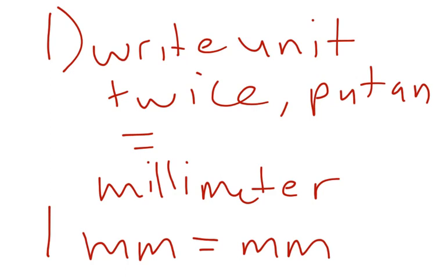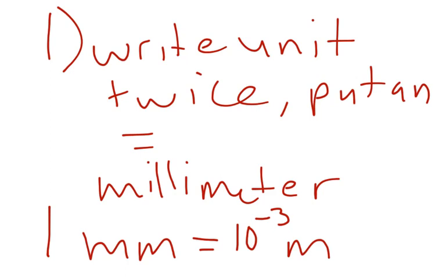And the very last step, step 3, is to erase the prefix, in this case milli, and substitute in whatever power of 10 that stands for. In this case, milli means 10 to the negative third. So now you can see we have an equivalent statement that says 1 millimeter is equal to 10 to the negative third meters. Again, you need to be doing this anytime you see a unit that has one of these prefixes, nano, micro, milli, centi, deci, kilo, or mega in it.